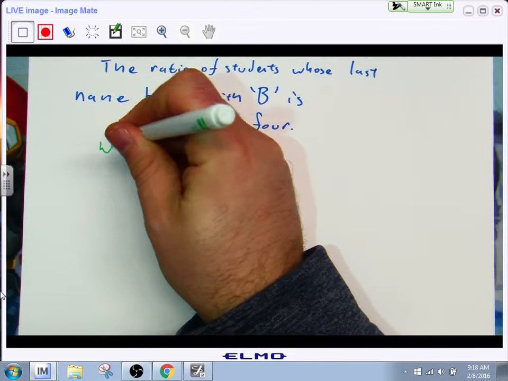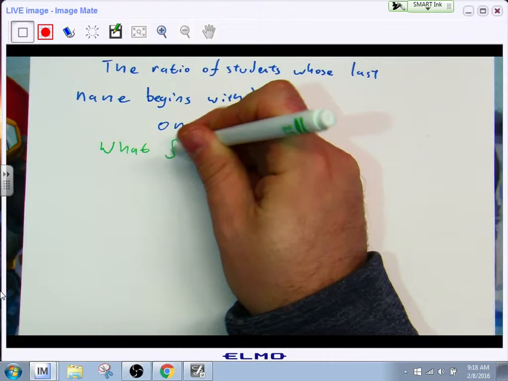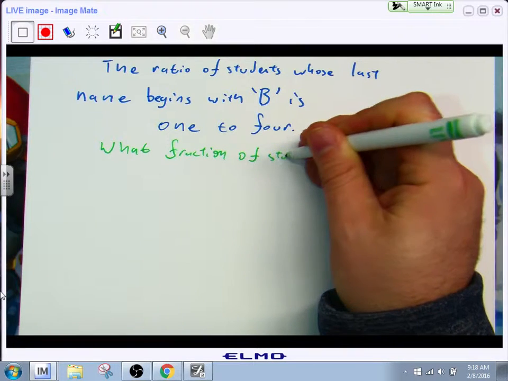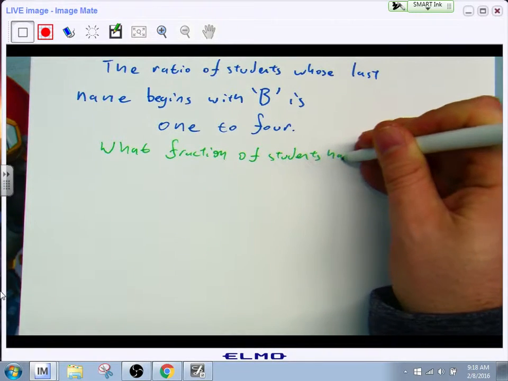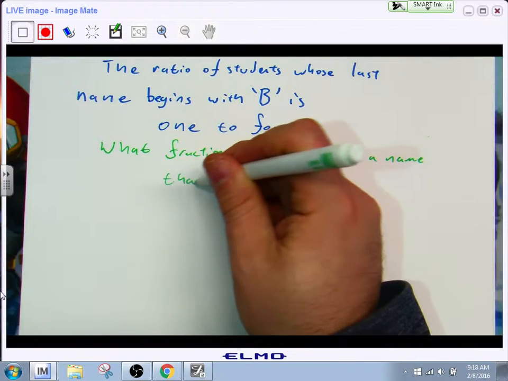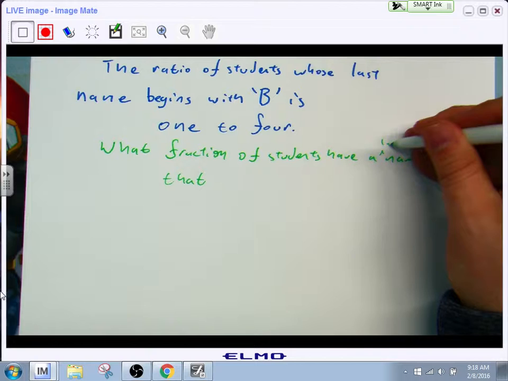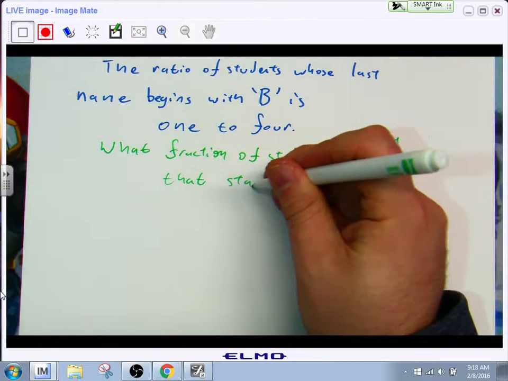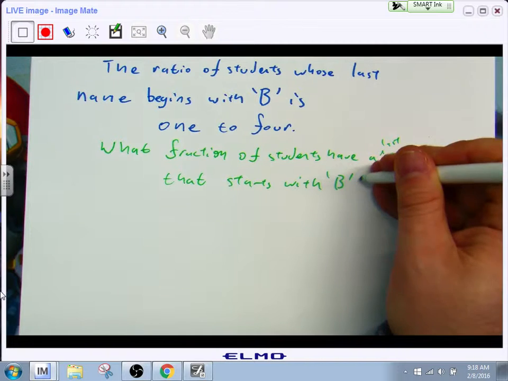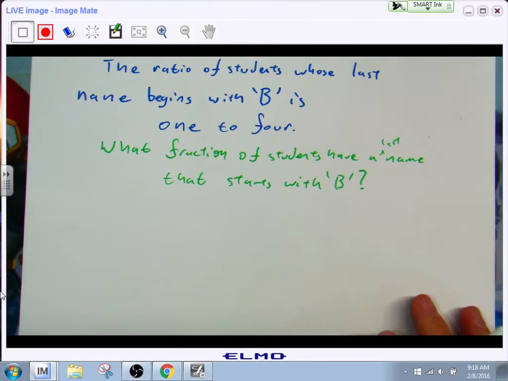Okay? So a question I might ask from this is to represent this as a fraction. You guys know how much I love fractions. What fraction of students have a last name that starts with B? Okay? How do I represent this as a fraction, Connor? It'd be 1/4.